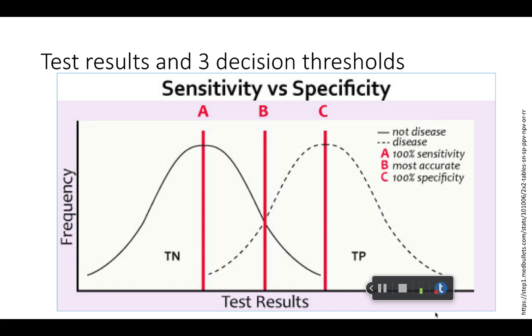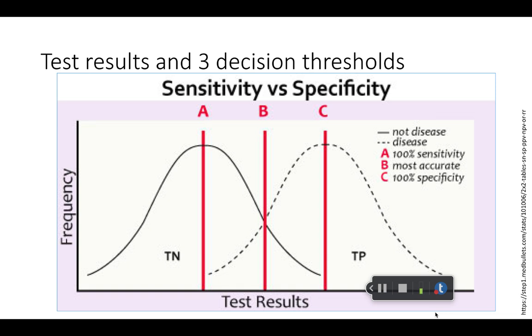And then you have two populations represented by two bell-shaped curves. The one on the left with the solid line outlining the distribution is the population in which the disease is really not present. And the one on the right, represented by a dotted line, is the population in which the disease really is present. Now we've got three different tests that have different levels of sensitivity and specificity.